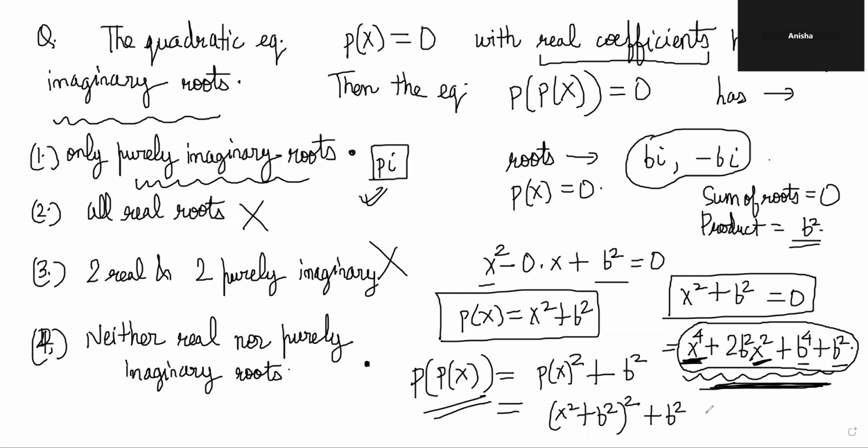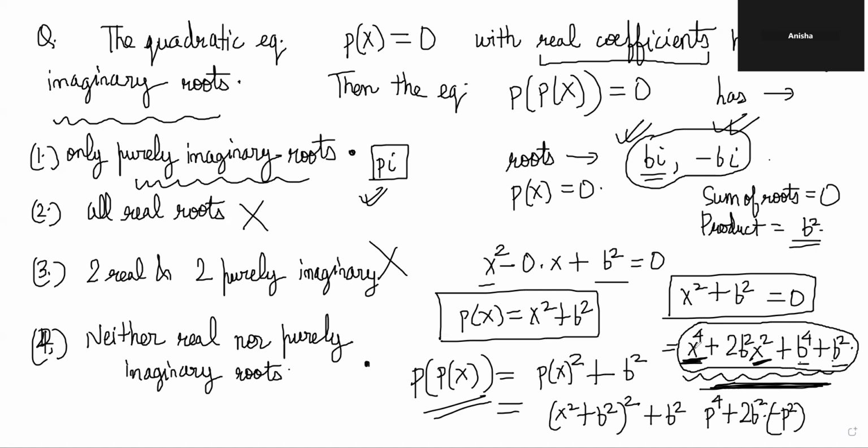So let's check p of i, some random purely imaginary number. What will I get? b power 4, i power 4, so b power 4 plus 2b square, b square i square, so minus b square, plus b power 4 plus b square. Maybe I should have checked with the same roots as these, because it is possible that the roots of the original equation could be roots of this.